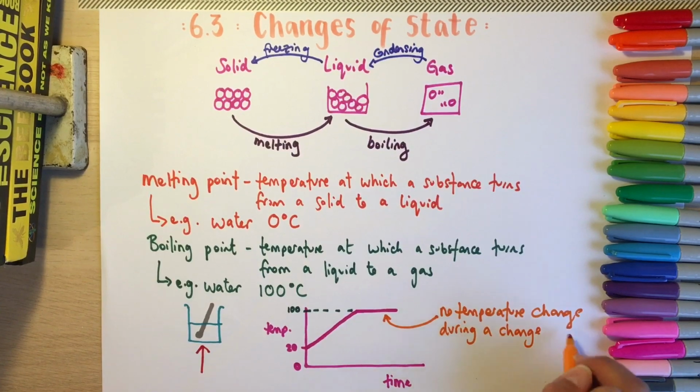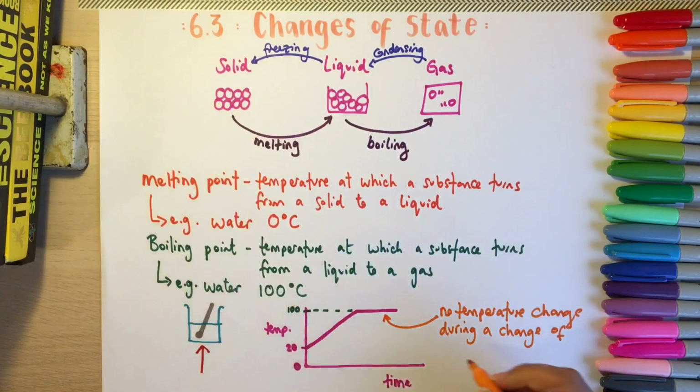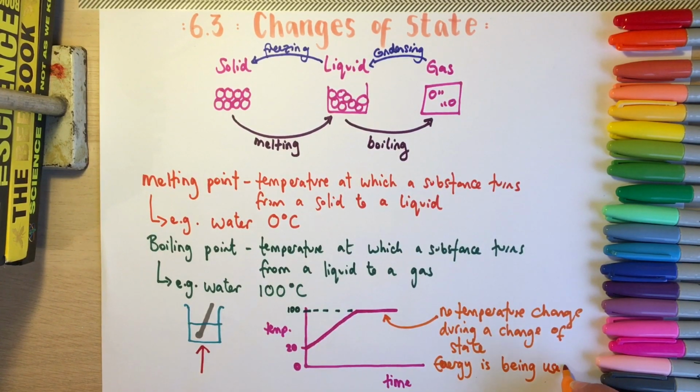So this would go for melting, boiling, condensing, or freezing. Any of those things, if there is a change of state, the temperature will not change. And that is because the energy is being used to change the state, so to change where the particles are.